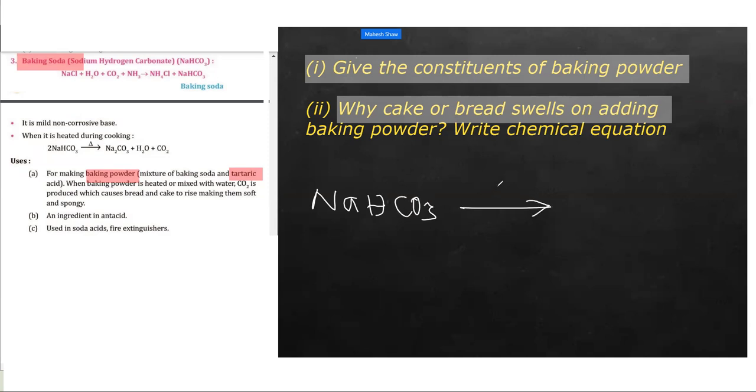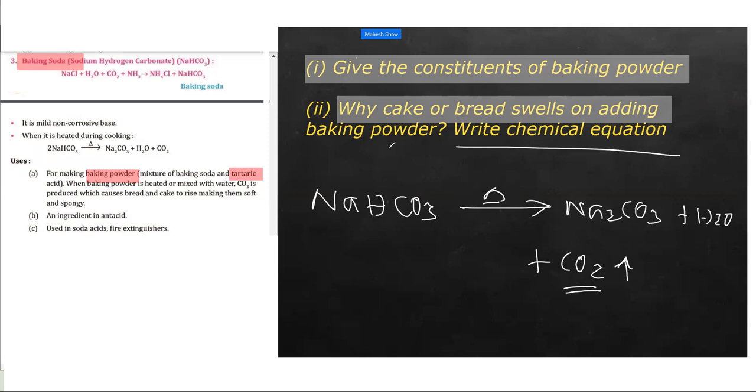When it is heated, it results in formation of sodium carbonate plus water, and carbon dioxide gas is released. The gas so released in this process, carbon dioxide, makes tiny holes in the cake and makes it fluffy. You have to write down the chemical equation, and I've already written it.